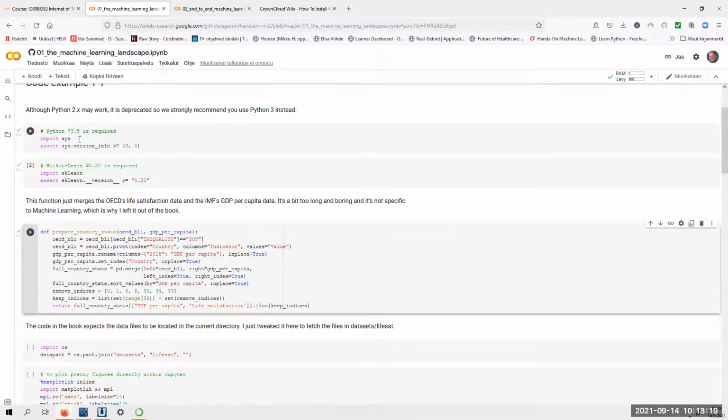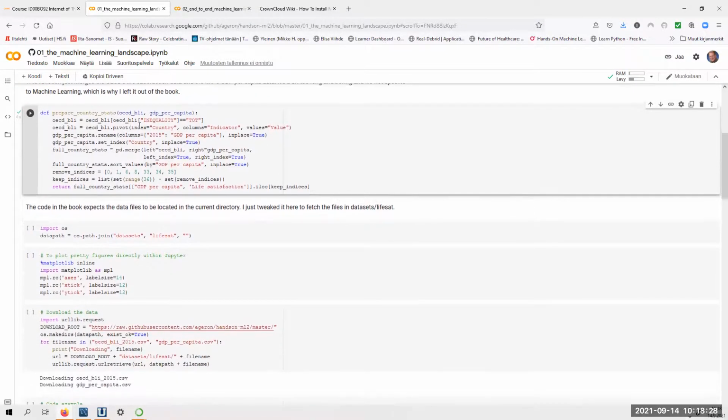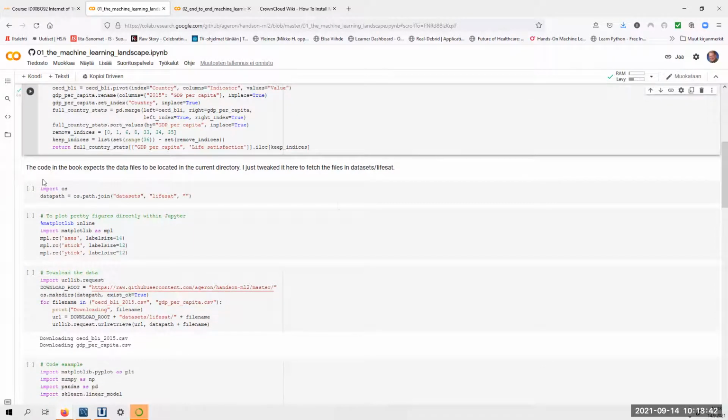So here it uses Python version 3 and then imports scikit-learn. Then it prepares the data for these exercises, which we go through soon. There are lots and lots of code and different commands, so it's impossible to try to sort out everything.